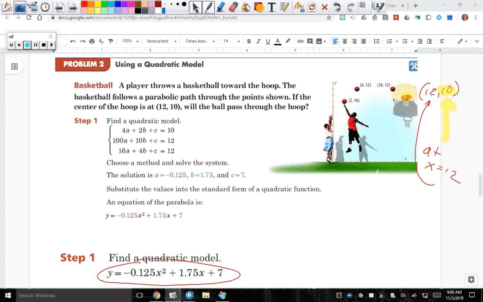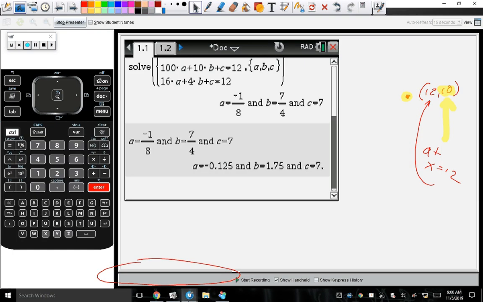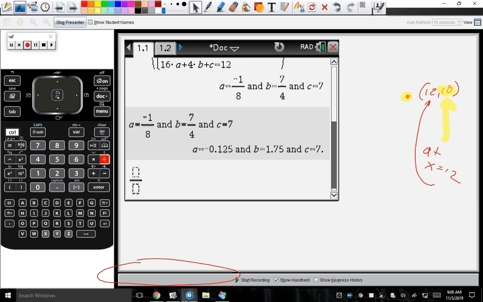So real quick, just so you can see it, I want you to get used to this calculator very, very good. Let me show you real quick. On that equation that we just built, that y equals equation, I'm going to save it right now. So I'm going to put control divide, -1/8, and if you do this, I promise it will be much faster comparatively to those who don't learn this when you take your test and quiz.